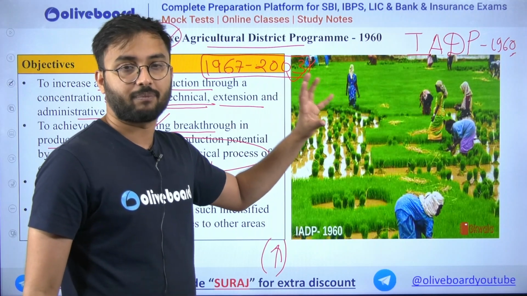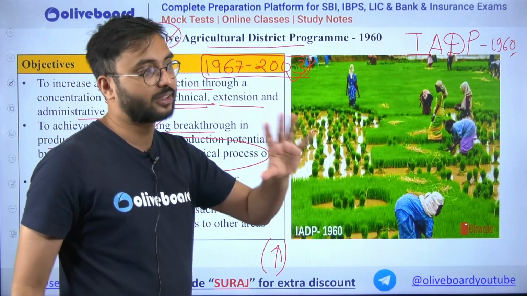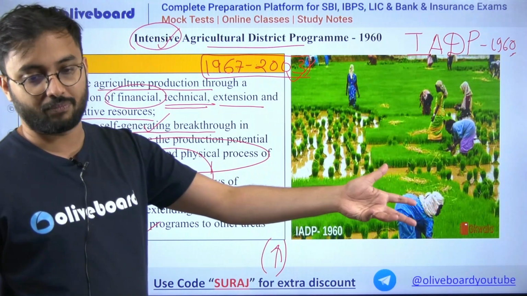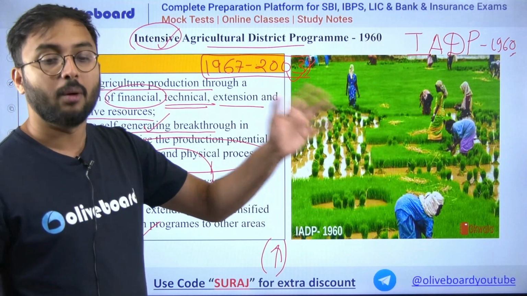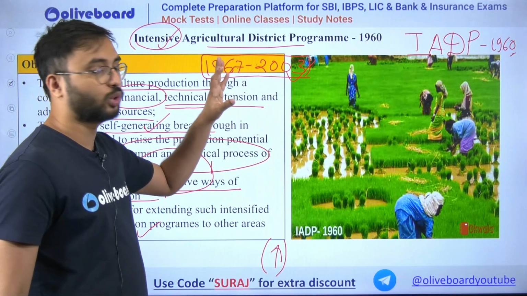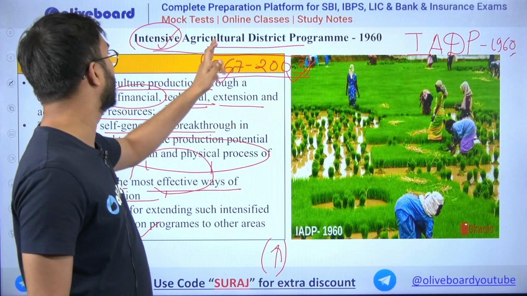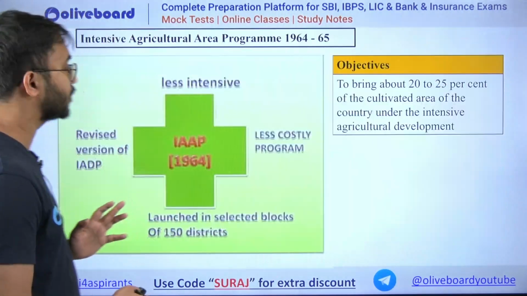Okay, some part. Although we are having hiccups, sometimes some other part would be unviable agricultural production or practice, but some of the parts also show you that there is a viable agricultural practice. Now that is because of such intensive agricultural district programs.